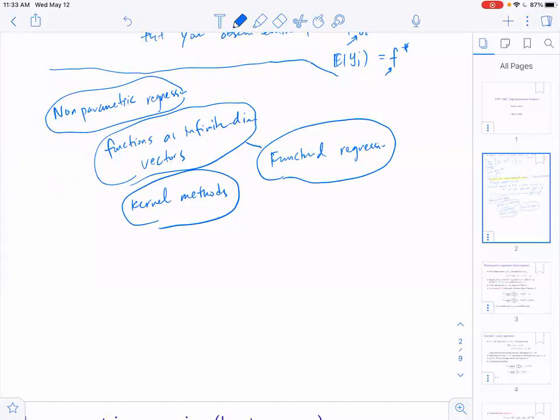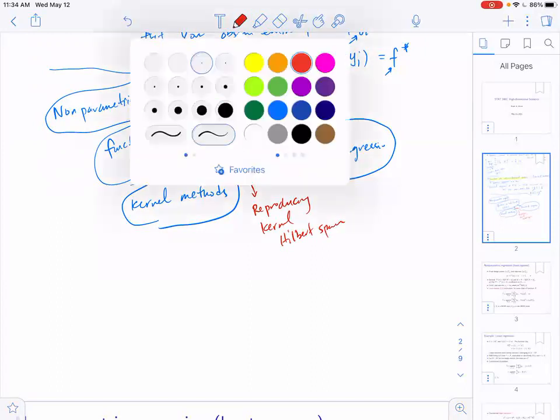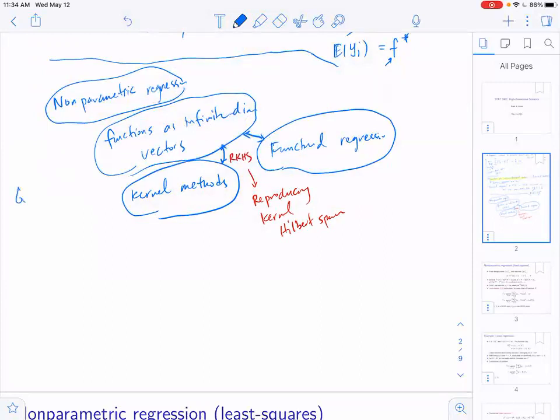Functional regression is related to functions as infinite dimensional vectors, and this and the kernel methods are related via the idea of the RKHS, reproducing kernel Hilbert spaces. There is this idea that floats around Gaussian processes.